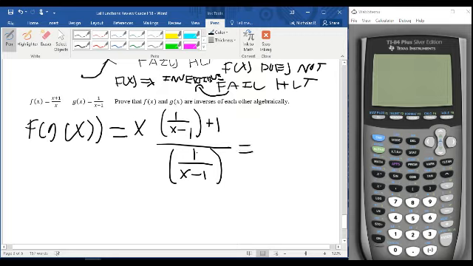So what is this equal to? Well, we need to find a common denominator here. So that 1, let's rewrite that 1 as x minus 1 over x minus 1.